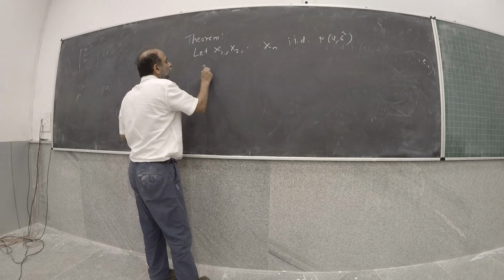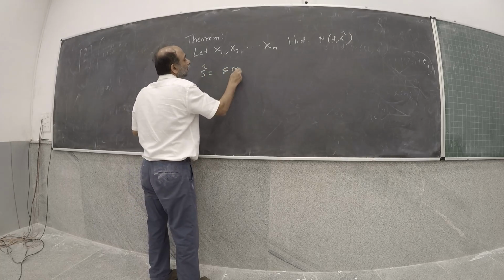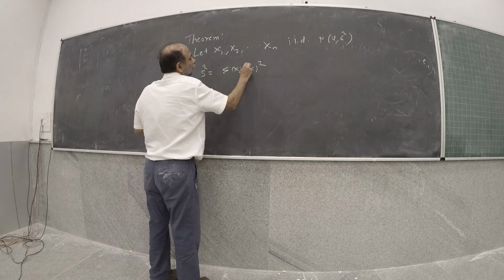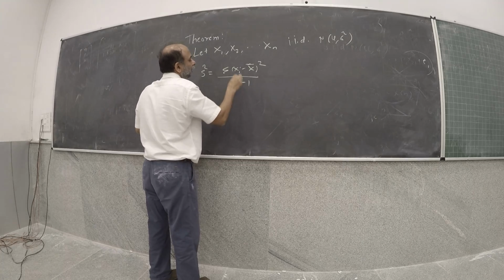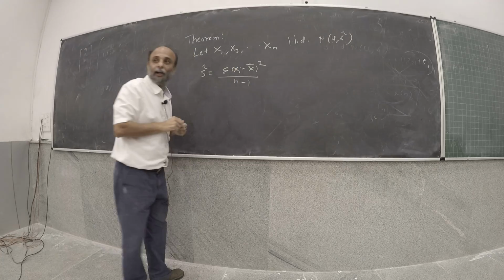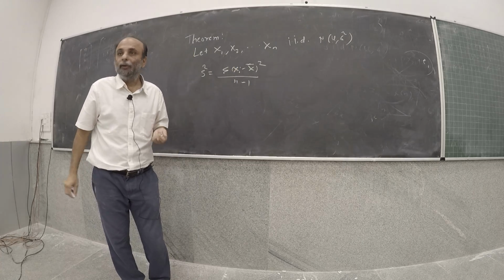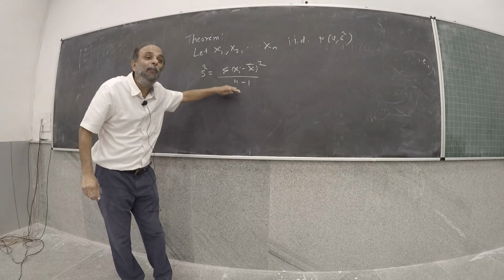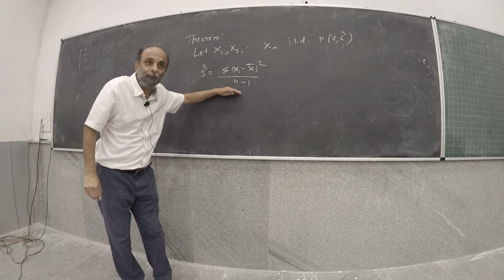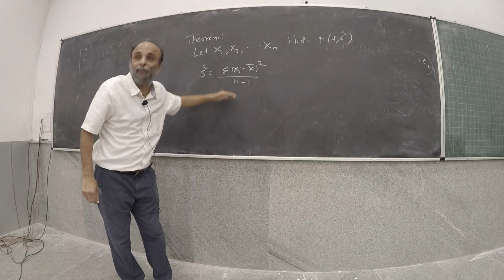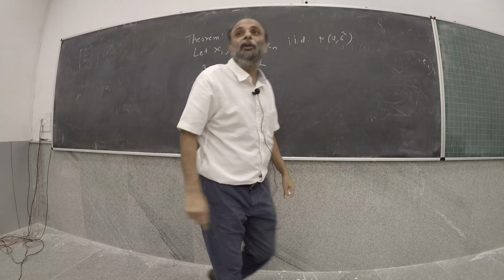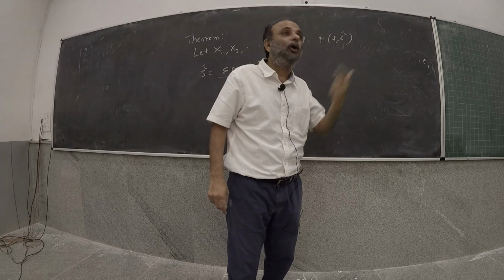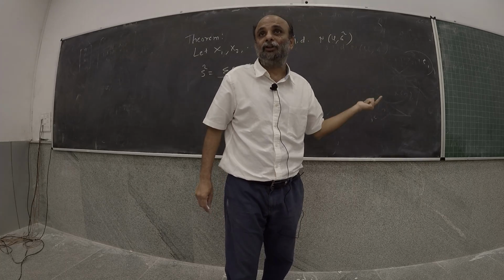Think of S square, which is the sample variance. S square you calculate from the sample. You now know why it's n minus 1. The denominator is n minus 1. We have talked about the degrees of freedom idea in the foundation course.